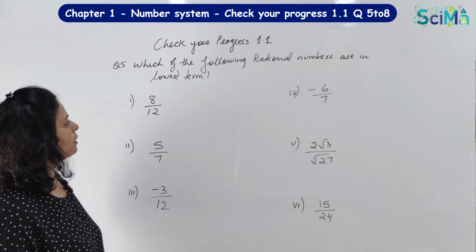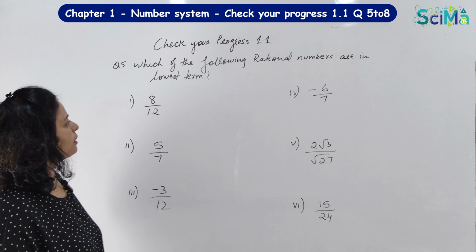So 1, 2, 3, 4, the 5th part. So we have divided into 5 equal parts, first, second, third, fourth, fifth. So this is 0 by 5, this is 1 by 5, 2 by 5, 3 by 5, 4 by 5, this is 5 by 5. So where is our 2 by 5?